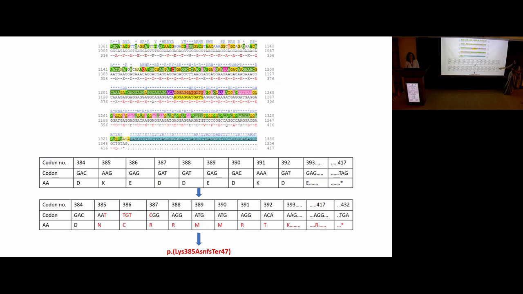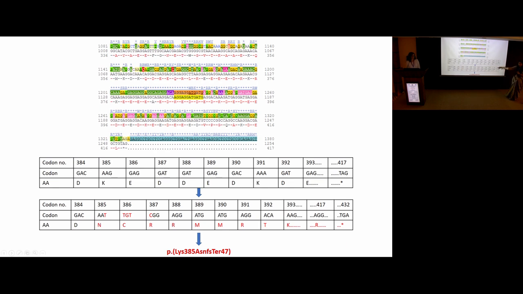So for naming this, the lysine that was supposed to be there at position 385 is now changed to asparagine, and frameshift. This whole frame is shifted and termination is happening at the 47th amino acid. This is how we will describe frameshifts.